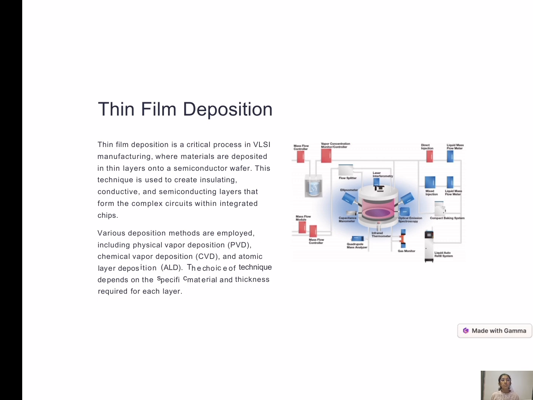Various deposition methods are employed, including physical vapor deposition (PVD), chemical vapor deposition (CVD), and atomic layer deposition (ALD). The choice of technique depends on the surface material and the thickness required for each layer of the thin film deposition, as you are seeing in the picture.